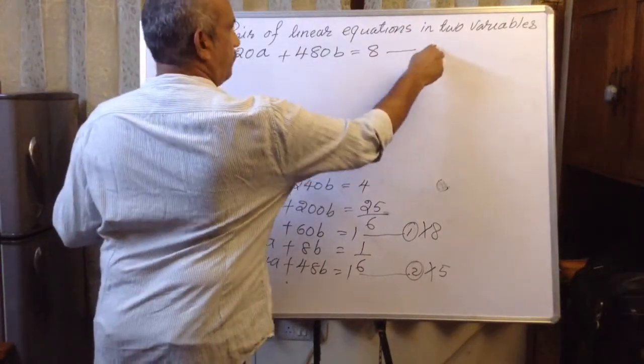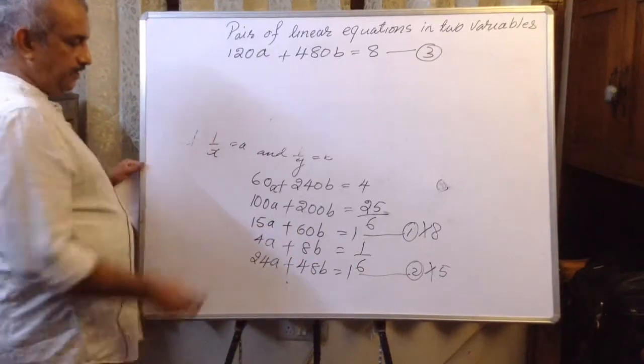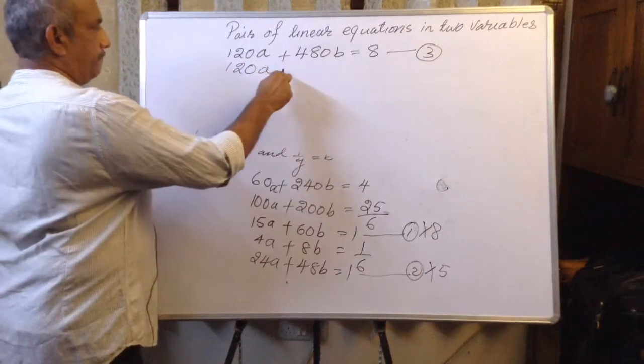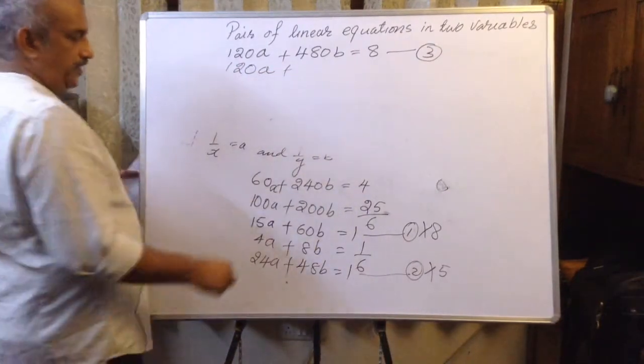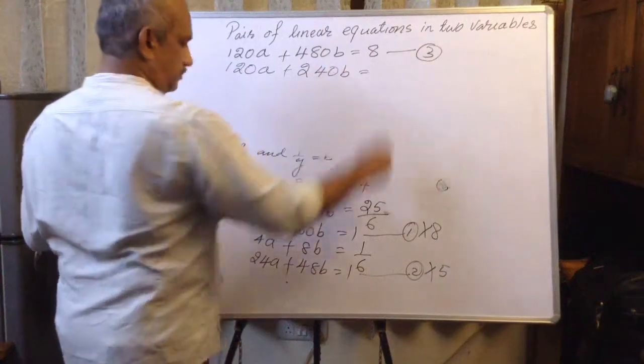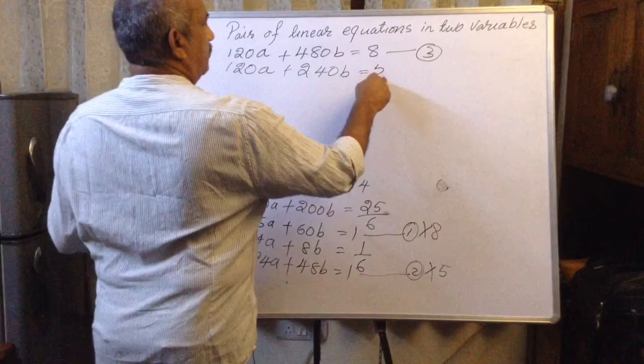This is equation 3. Again the second one I am going to multiply by 5. 24 5s are 120a plus 48 5s are 240b is equal to 5 ones are 5.